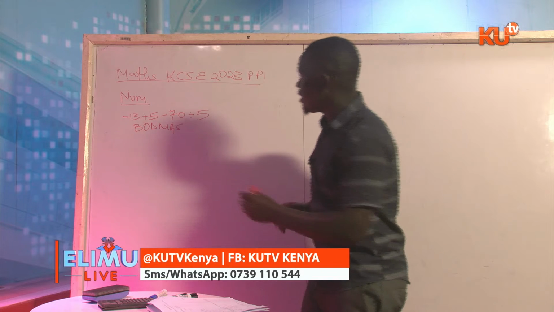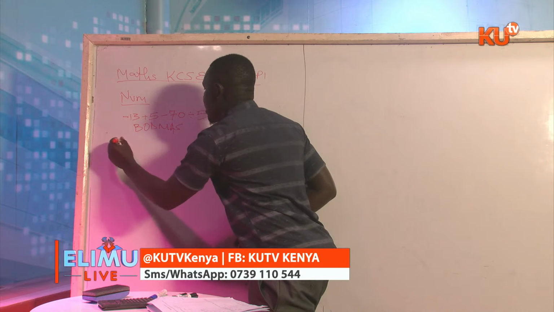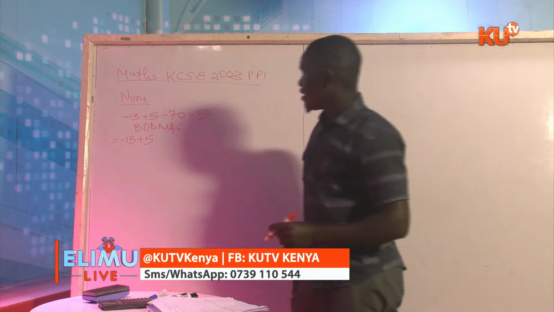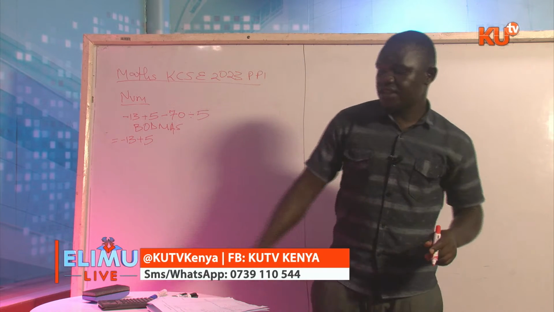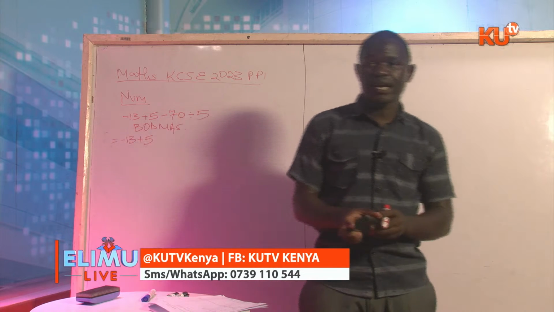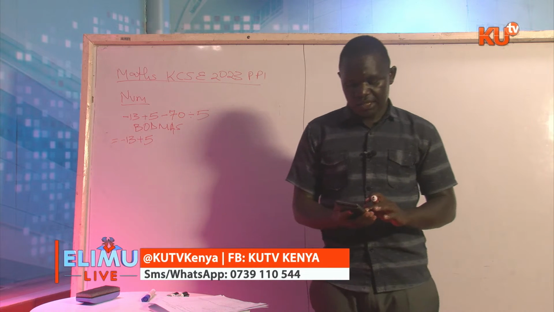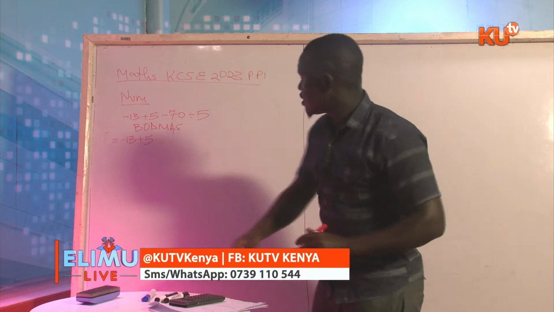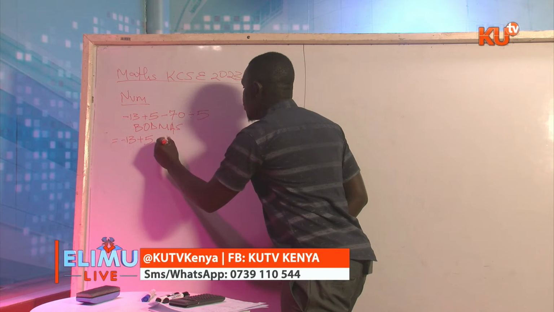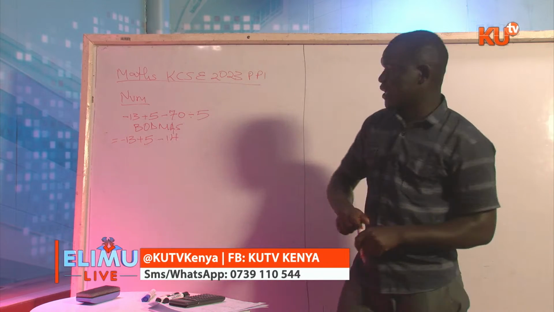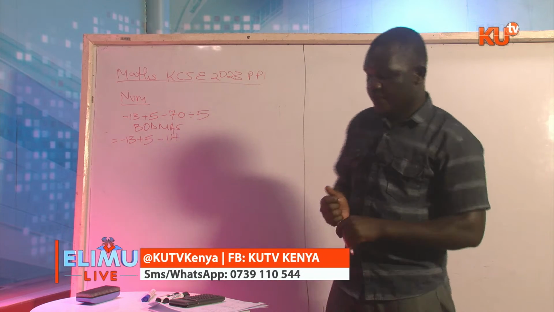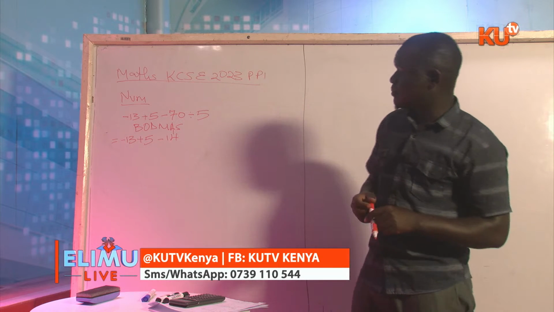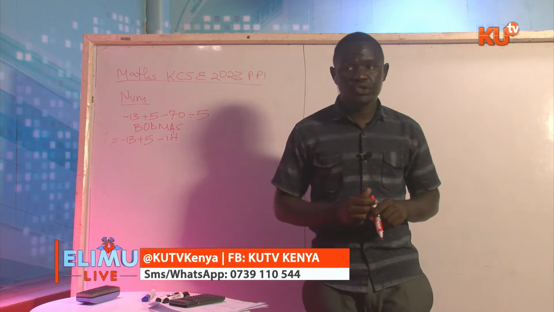Now, this will be negative 13 plus 5, then 70 divided by 5. You just use your calculator, dear students. 70 divided by 5, you get 14. So this will be minus 14. When you are done with that, you can now see you have subtraction and addition.